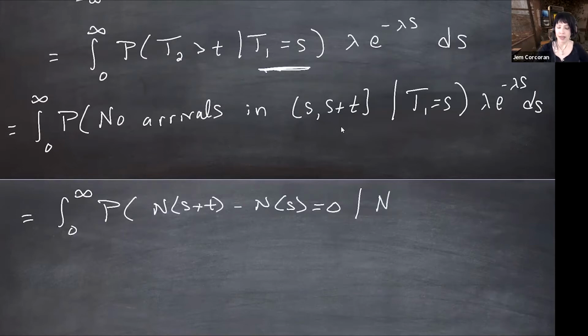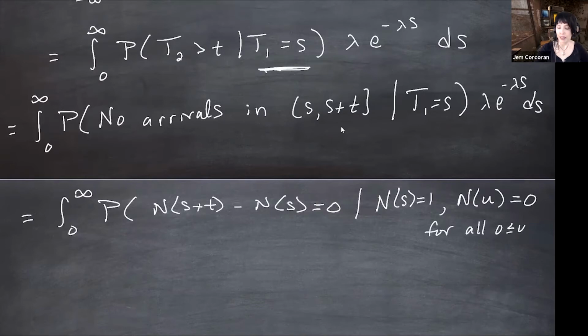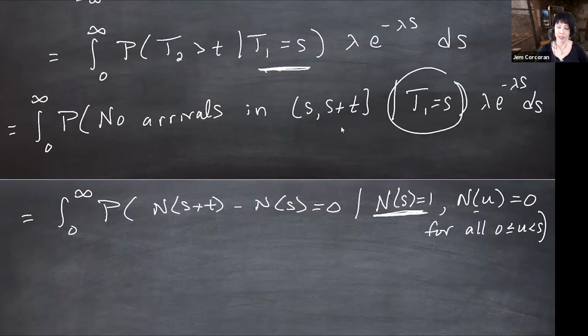So this is saying that N at time s is 1 and N at time u is 0 for all u between 0 and strictly less than s. If the first arrival happened at time s, then that's exactly when this process clicked up to 1, and it was 0 before that.